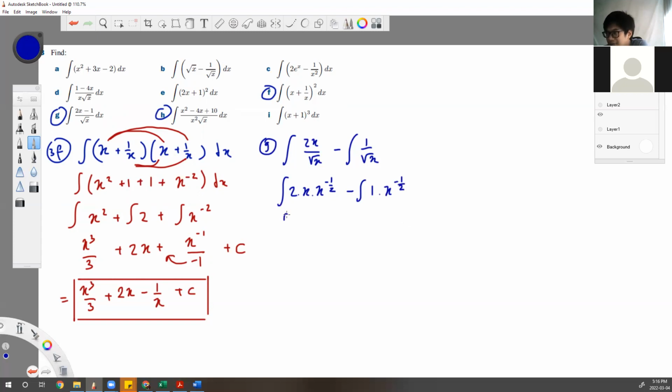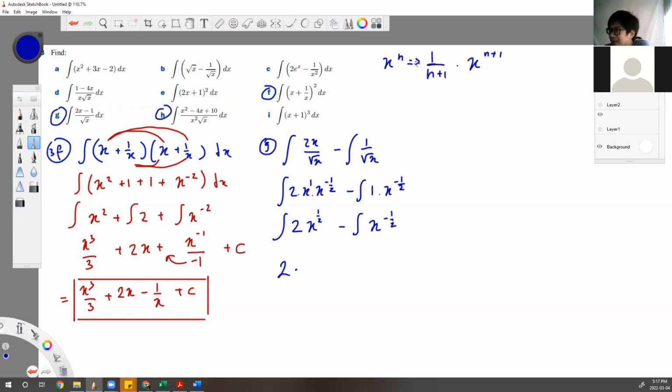What next? Do the addition. 2 x power half minus x power negative half. I haven't integrated the expressions, I just make it simple first. And then 2 times, I use this rule, I just separate the power with the fraction.